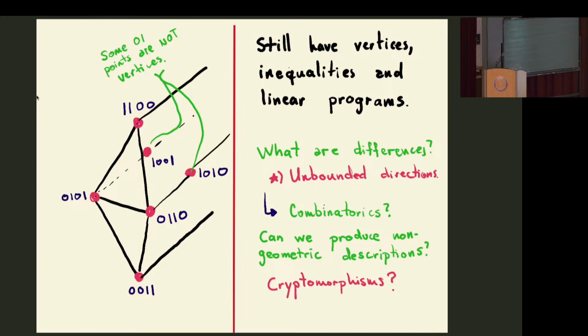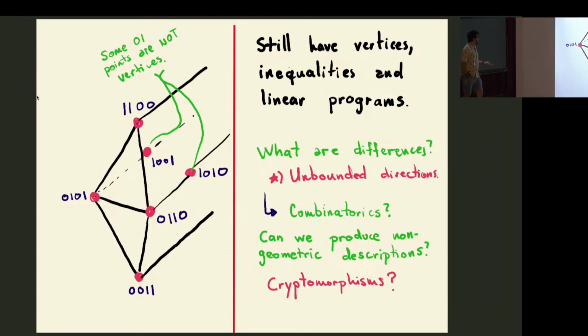It now has 4 vertices: 1, 1, 0, 0, 0, 1, 0, 1, 0, 1, 1, 0, and 0, 0, 1, 1. And there's 2 other red dots there that correspond to other 0, 1 vectors that are not vertices anymore. But the point is, they're going to go in an unbounded direction.